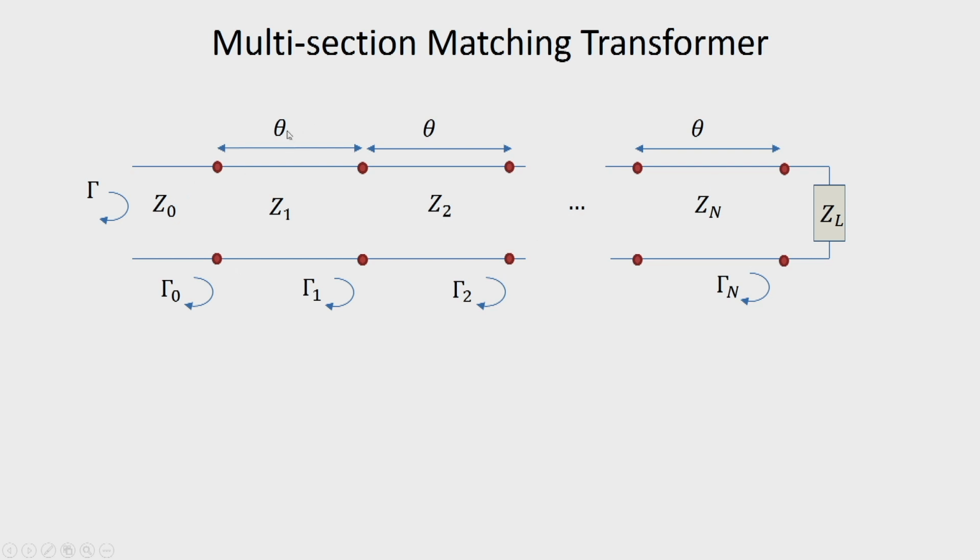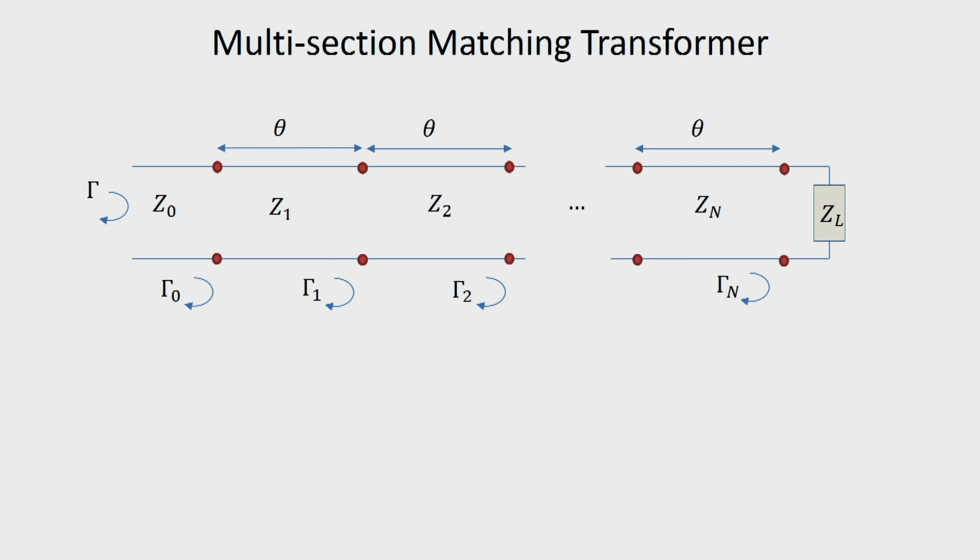Each section has an electrical length theta, and the transmission line sections have impedances Z1, Z2 up to ZN, and this transformer is designed to match this load ZL to this transmission line having characteristic impedance Z0.